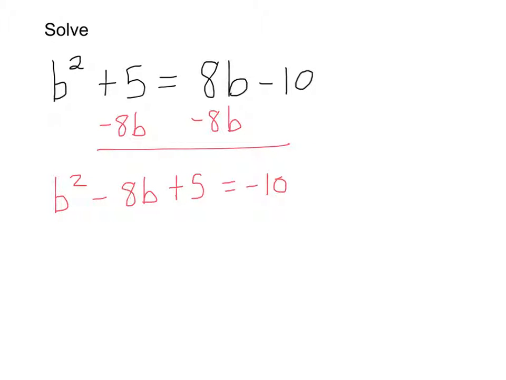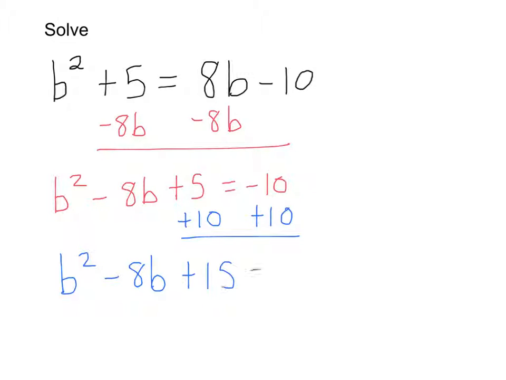What do I need to do to get this negative 10 right here to the left of the equal sign? Add 10 on both sides. I'm adding because it's currently negative and you've got to do the opposite. So I'm going to add 10 on both sides like that. And so I have b squared minus 8b plus 15 equals 0.